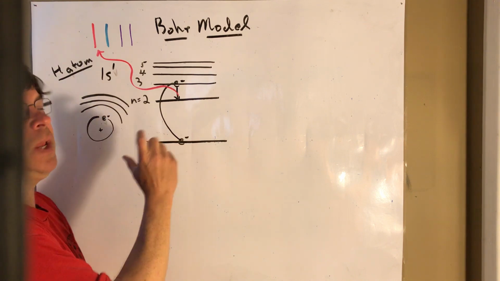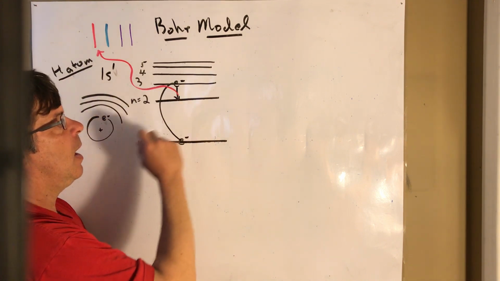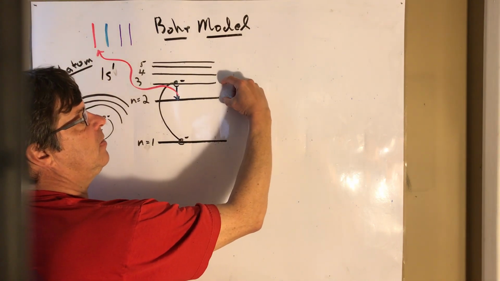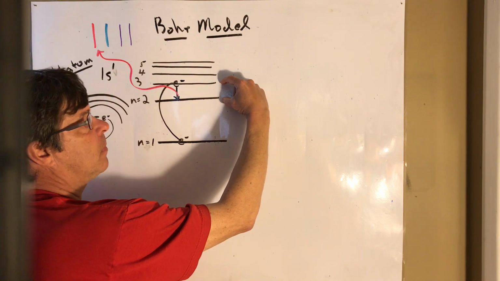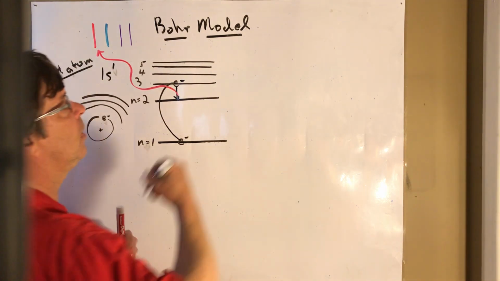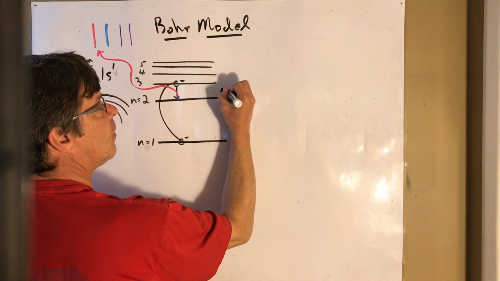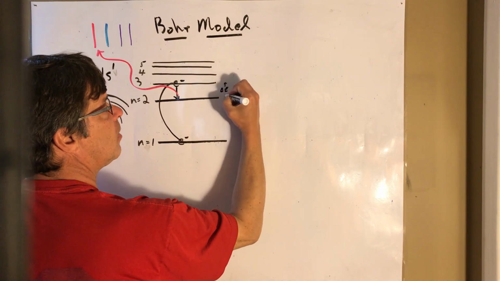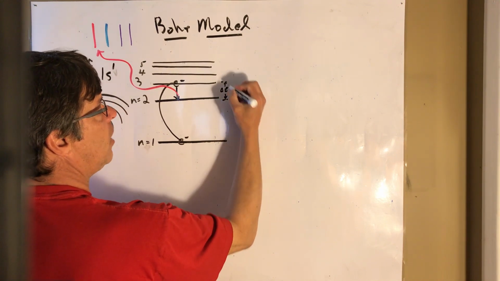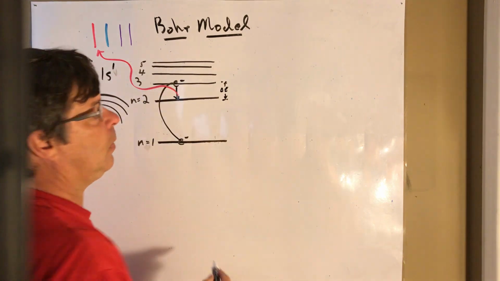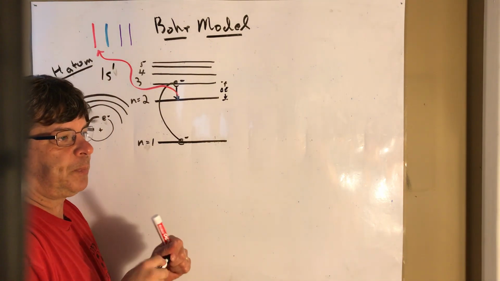And it's a discrete amount of energy. This is the change in energy. You may not be able to see that, sorry. The change in energy from 3 to 2 corresponds to red light.